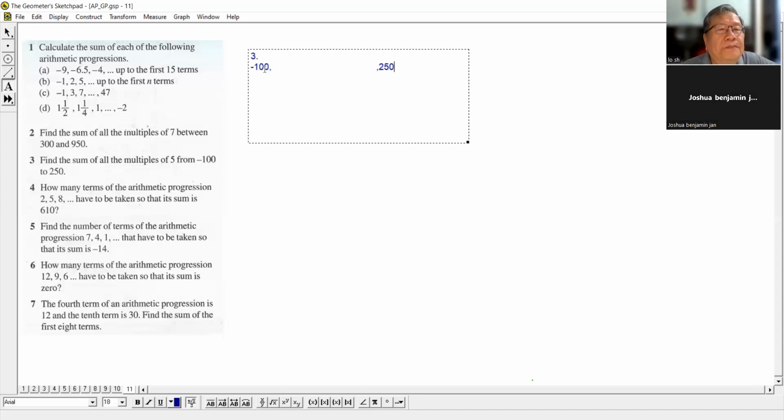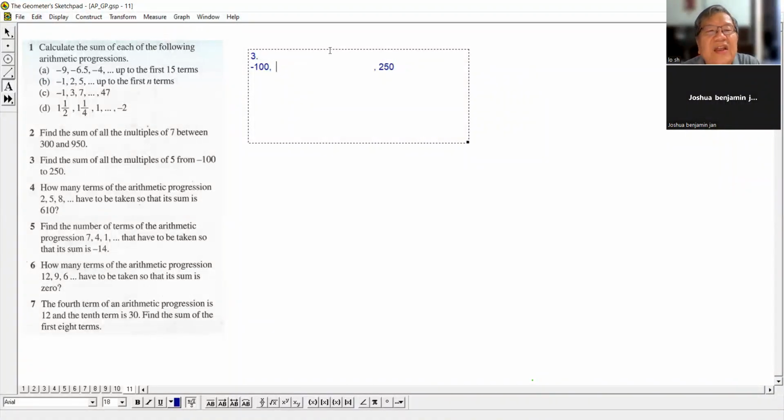Then what is the next number? The last one is 250. The next number that can be divided by 5 is, not negative 105, because if you go to negative 105, then it will become smaller and smaller, but here the number is getting bigger.